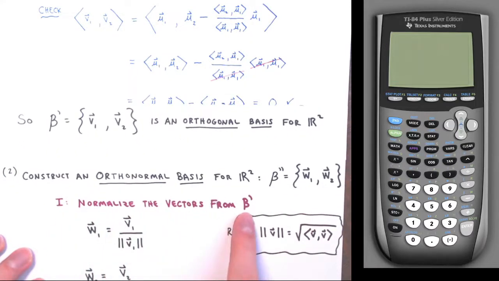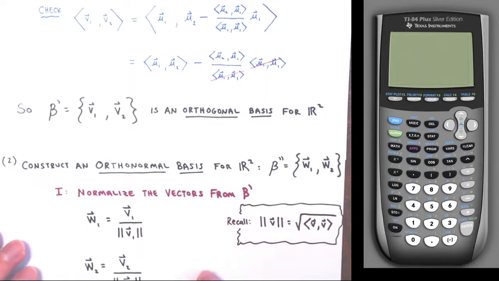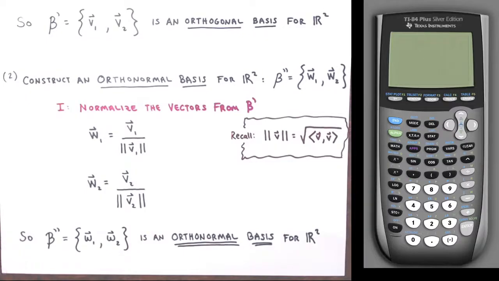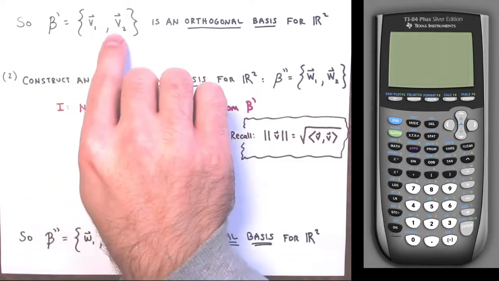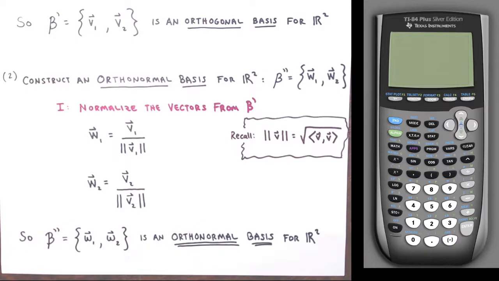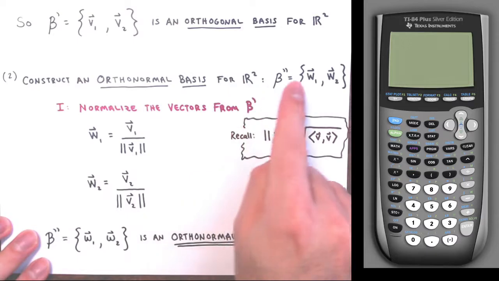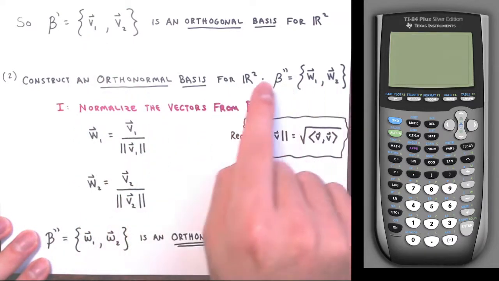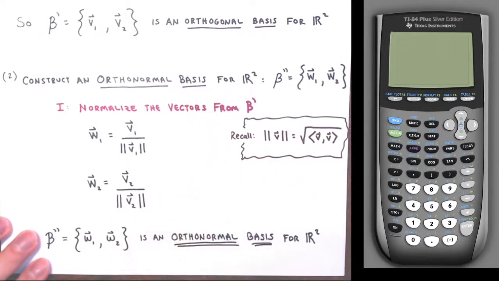Remember, to normalize means to turn it into a unit vector, a vector with a norm of 1. That's done simply by taking the vectors in the orthogonal set, b prime, this v1 and v2, and dividing by their norms. So w1 will be v1 divided by the norm of v1, and w2 will be v2 divided by the norm of v2.